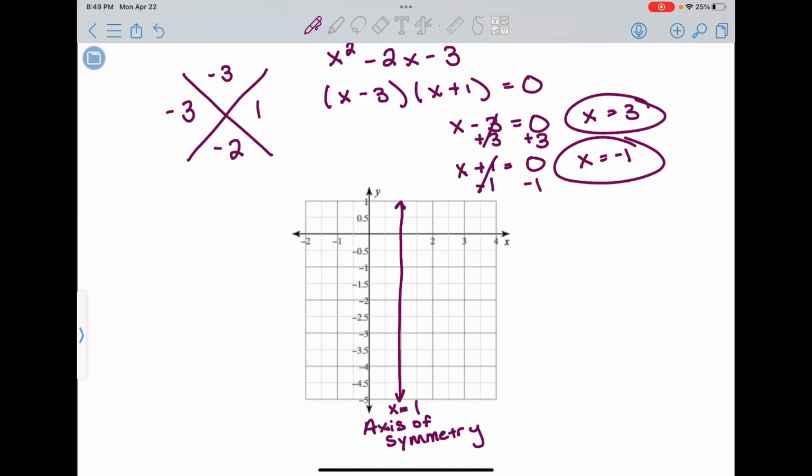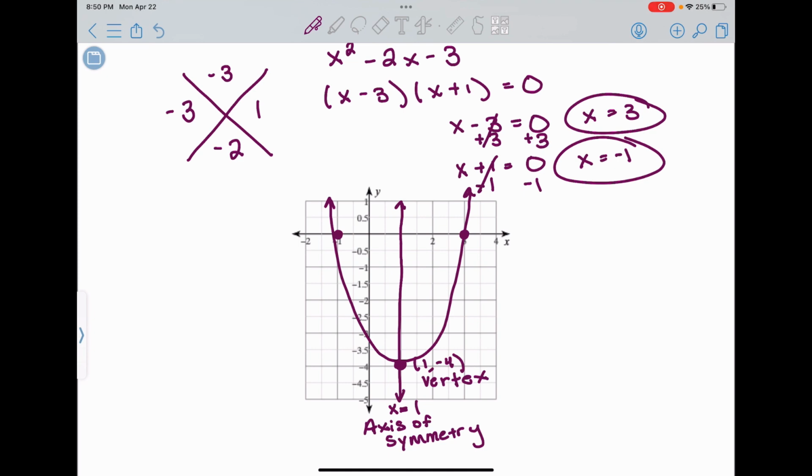Then we found that our vertex is the point 1, negative 4. And then lastly, we found our x-intercepts are at negative 1 and positive 3. And this helps us draw our parabola. And we know that our parabola is a smiley face, because our a value was positive.